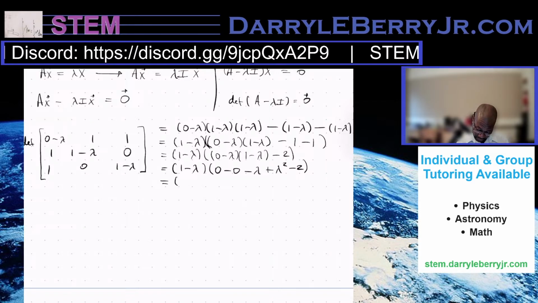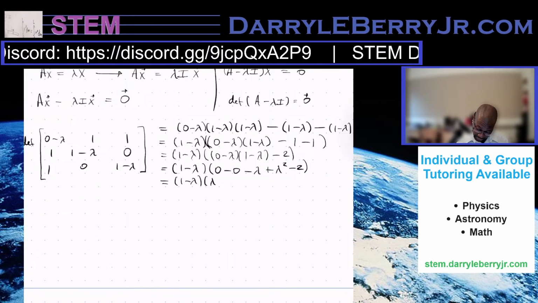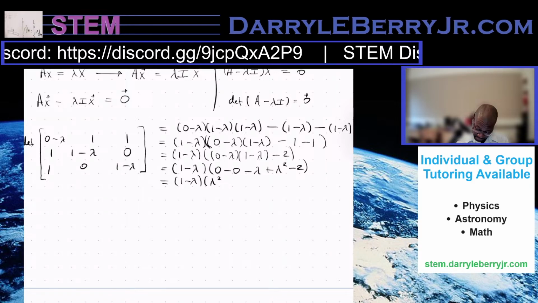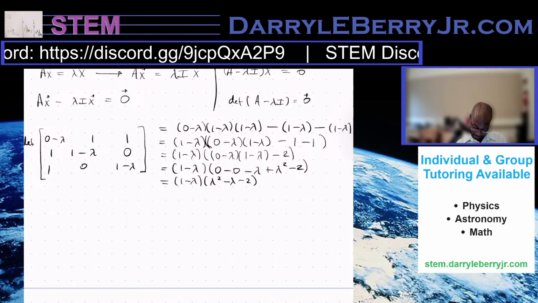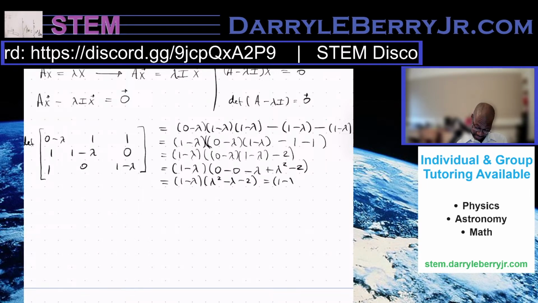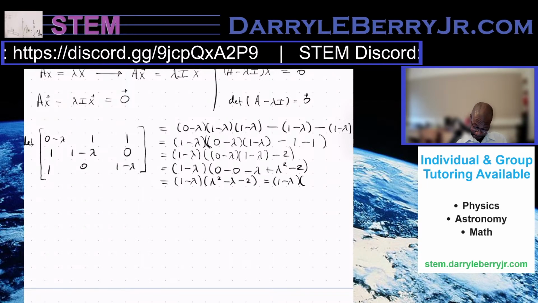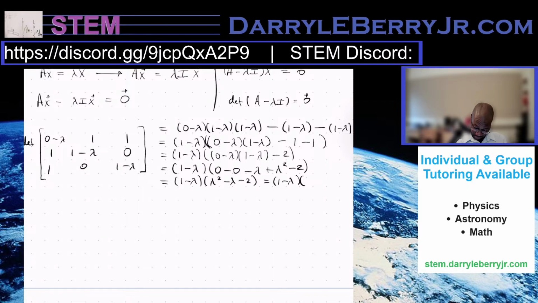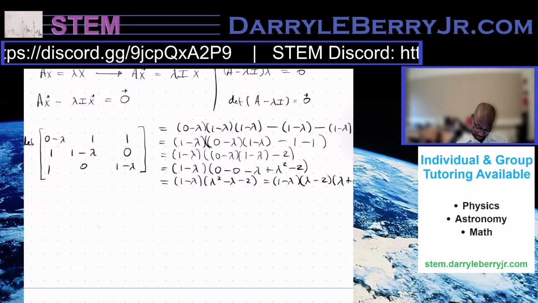So that equals (1 minus lambda)(lambda squared minus lambda minus 2). So that equals (1 minus lambda) and then we have (lambda minus 2)(lambda plus 1).